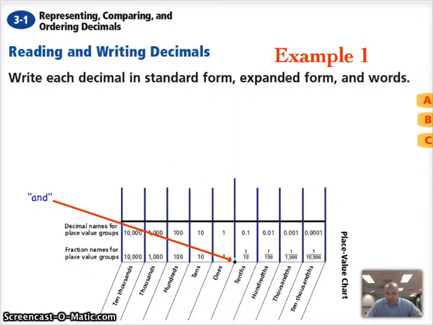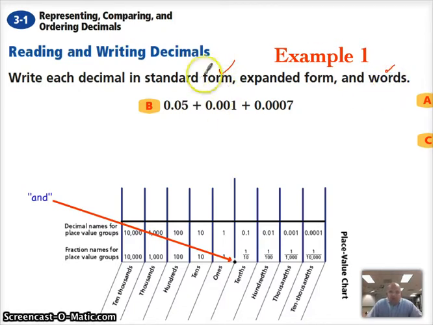Next, we're going to take the expanded version here in B, and since we've got the expanded version, we need to place it in standard form and in words. Let's start with the standard form first. Usually you'll find with the expanded form that it's in place value order. Here we have 5 hundredths, 1 thousandth, and 7 ten-thousandths.